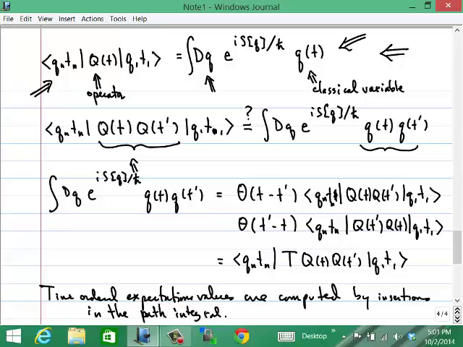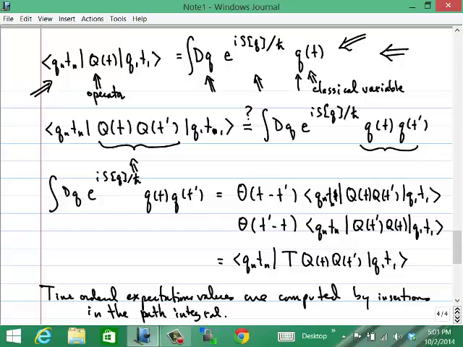On the right-hand side, I have an expression that involves no Hilbert space. It involves no operators. There's no bras and kets appearing in that expression. Instead, what I have is an integral over all possible functions q of t. And so when I say that q of t here is a classical variable, I mean it's literally a function.